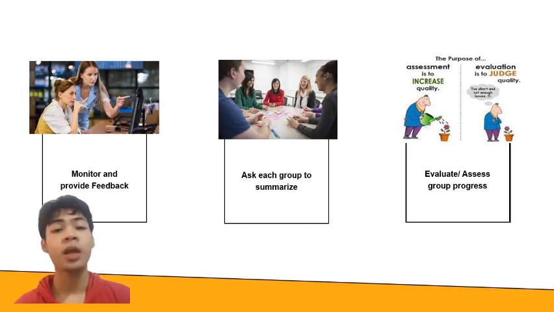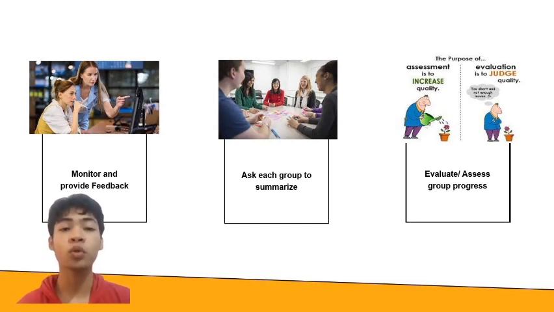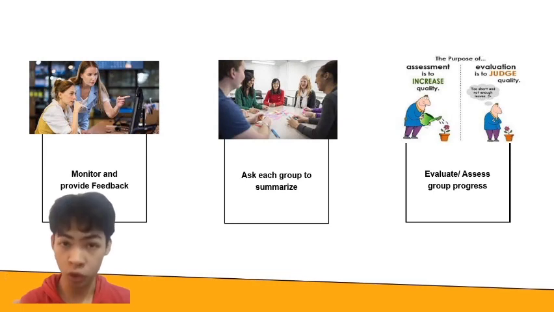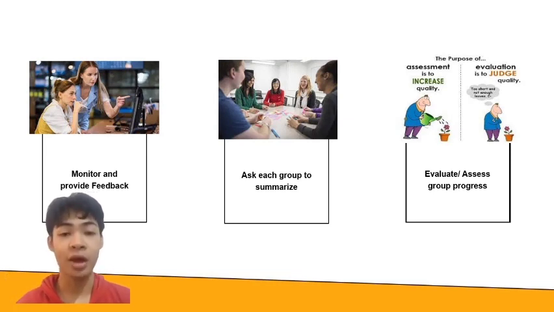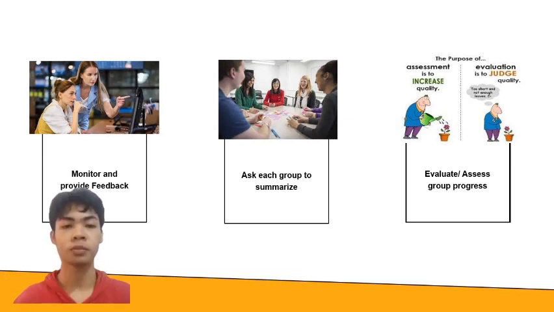Next is ask each group to summarize. We do a summarization to teach students how to reveal only the most important ideas and how to ignore the irrelevant information so that we can have a meaningful group task.